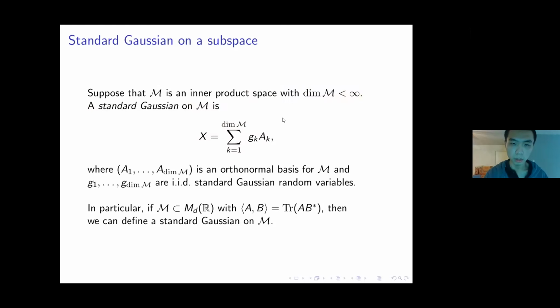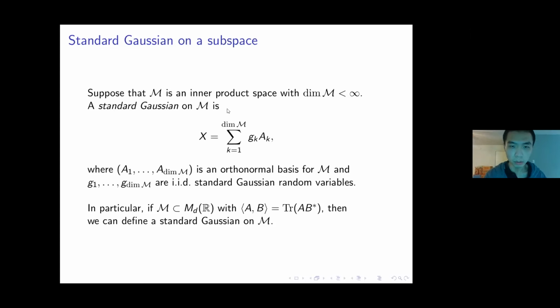So this becomes a random variable on this inner product space M. The distribution of this random variable will not depend on the specific choice of the orthonormal basis A_1 to A_{dim M}. If you choose another orthonormal basis, it's going to give you the same distribution.